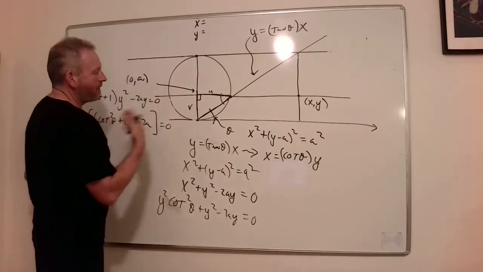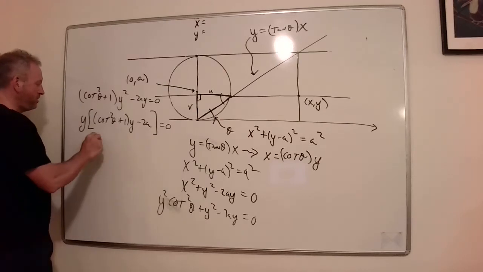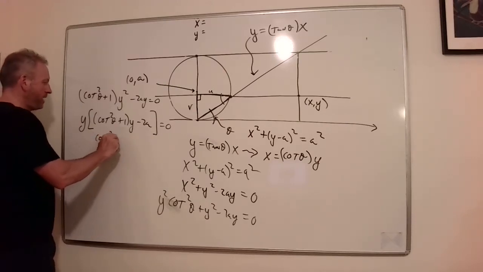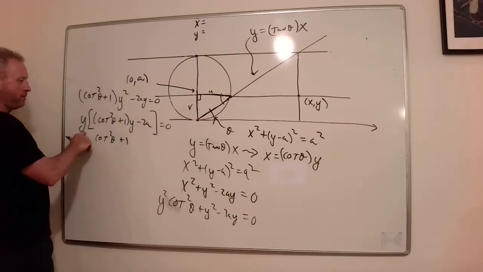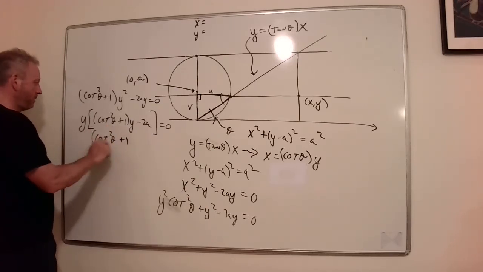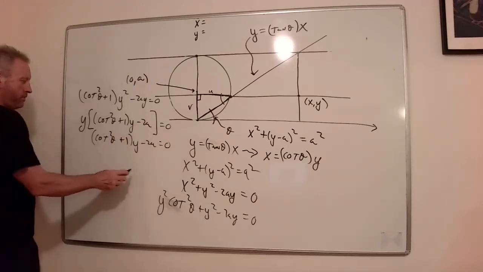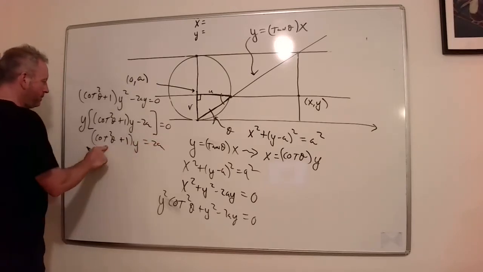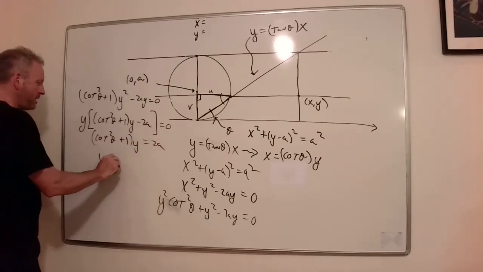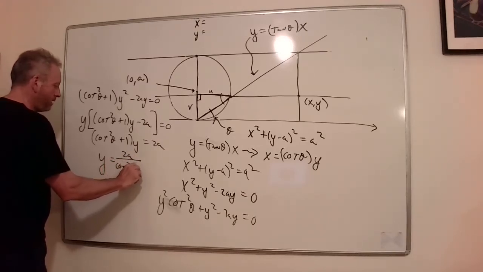Maybe we want to keep in mind, maybe theta is pi over 2, but let's just say that cotangent squared of theta plus 1 is nonzero, so either y is equal to 0 or all this business here, minus 2a is equal to 0. Let's solve this for y. So we'll add 2a to both sides, and then we'll divide both sides by this, so we'll get y is equal to 2a divided by cotangent squared theta plus 1.